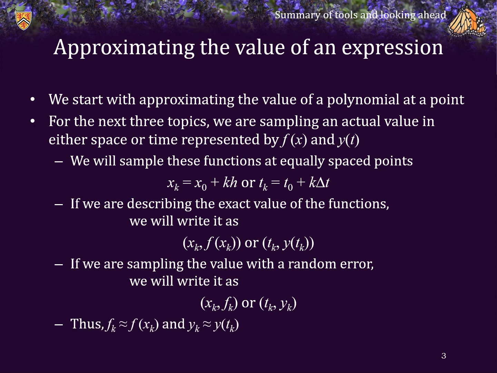What this means is that f sub k is not the exact value, but rather an approximate value where the error is assumed to be random. The same with y sub k, which is an approximation of the actual value, the actual temperature, the actual voltage, whatever we're measuring, at time t sub k.